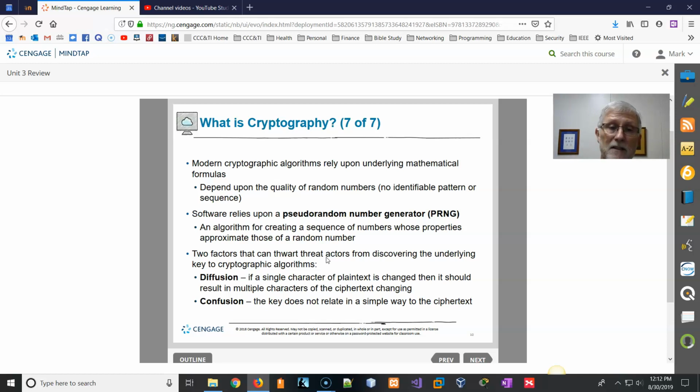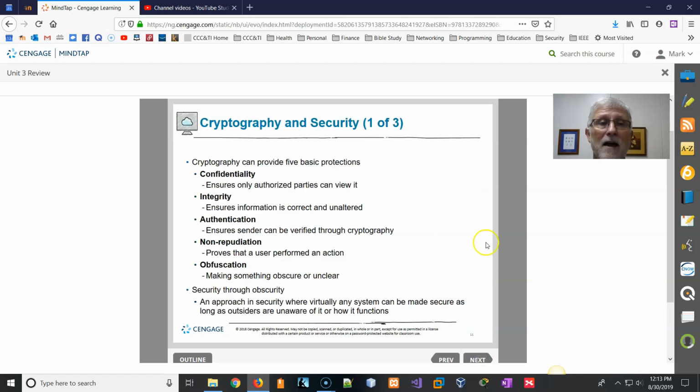Diffusion is if a character of plain text is changed, it should result in multiple characters of the ciphertext changing. So you have to make sure it goes to more than one character. Confusion says the key does not relate in a simple way to the text. So using those 2 factors will help minimize that threat.